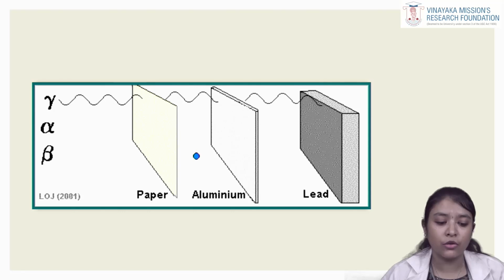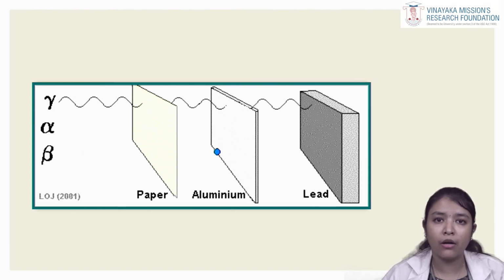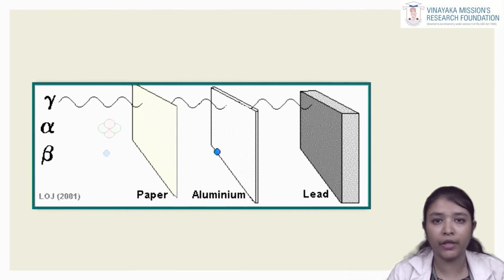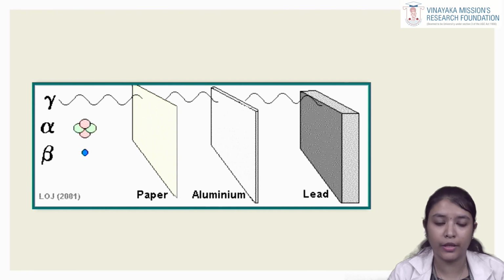This image shows the penetration power of each radiation. Gamma rays have higher energy for penetration and pass through paper, then aluminum, and are stopped by lead, whereas alpha rays can be stopped by paper, and beta rays can easily pass through paper but are stopped by aluminum.